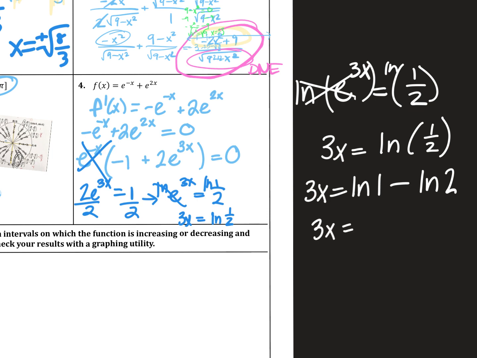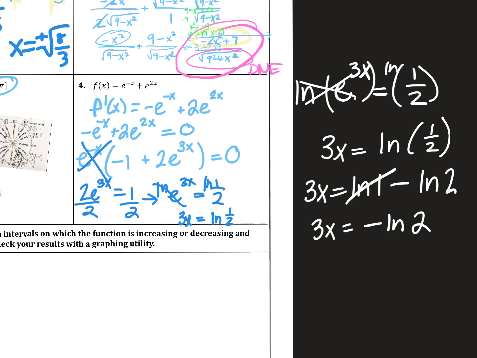It's 0, because anything to the 0 power is 1. That's why ln of 1 is 0. Now you know. So then 3x equals negative ln 2.